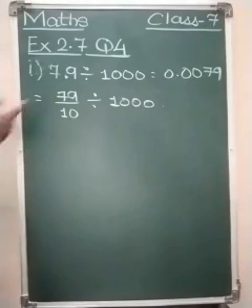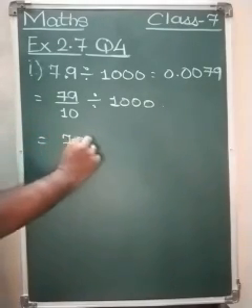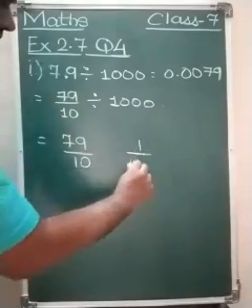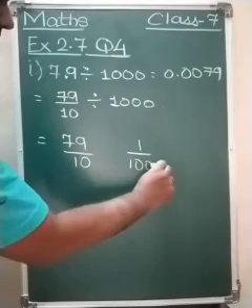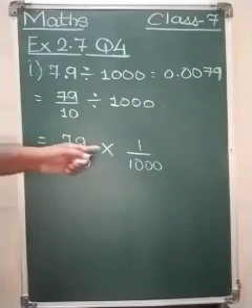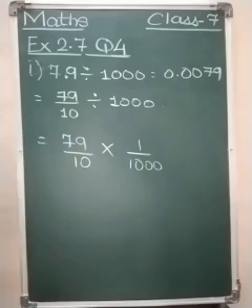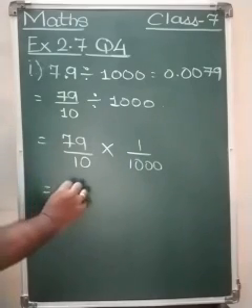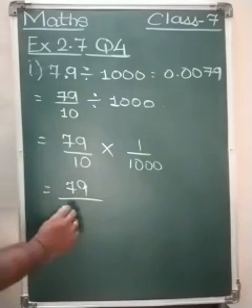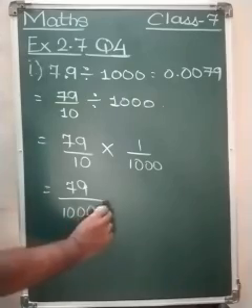Again, keep 79 upon 10, flip 1 upon 1000 and change to multiplication. Numerator multiplied by numerator, denominator multiplied by denominator. So this equals 79 upon 10 into 1000, which would be 10,000.